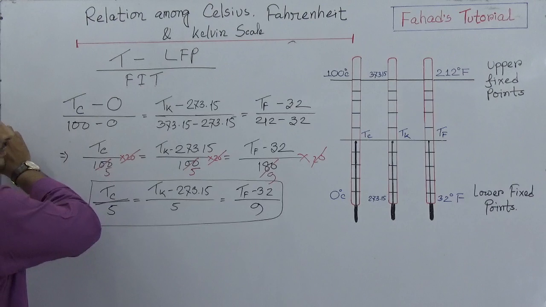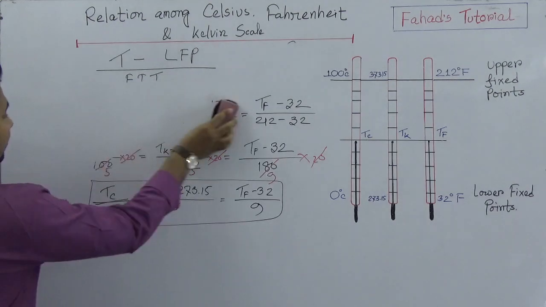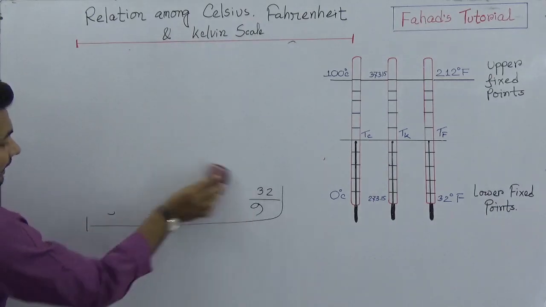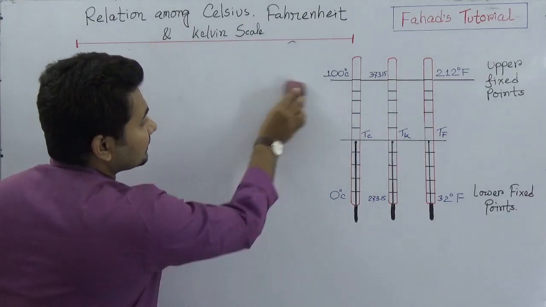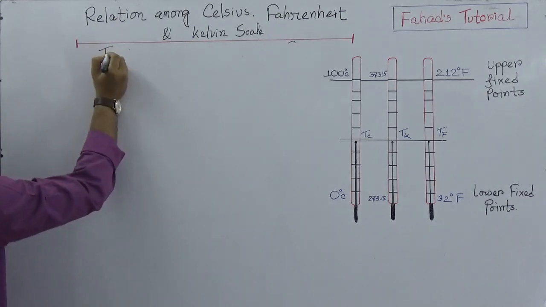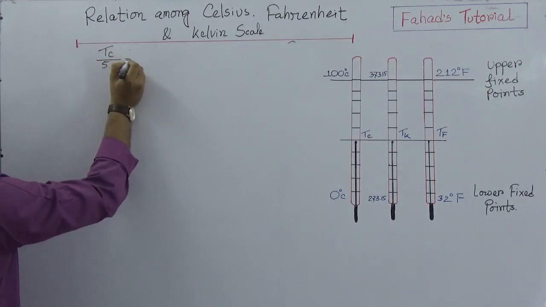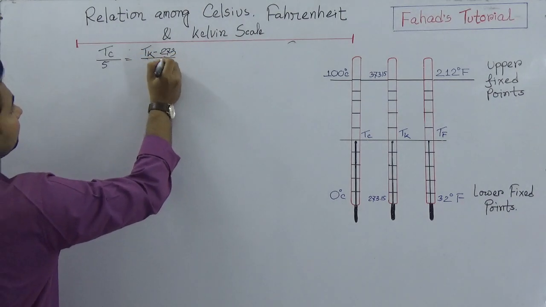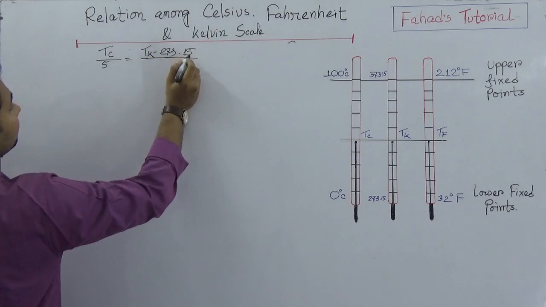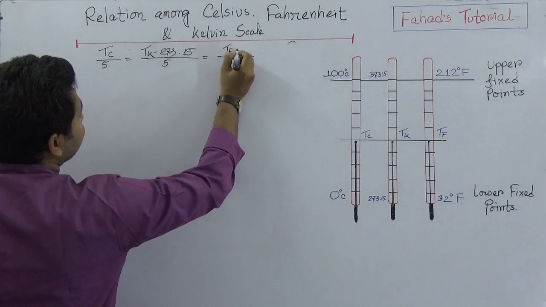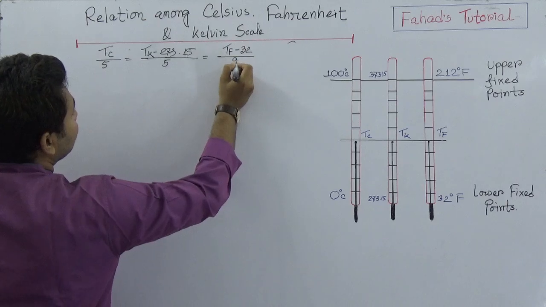Think about the relations and the equations that we got: Tc by 5 equals Tk minus 273.15 divided by 5, and Tf minus 32 by 9.